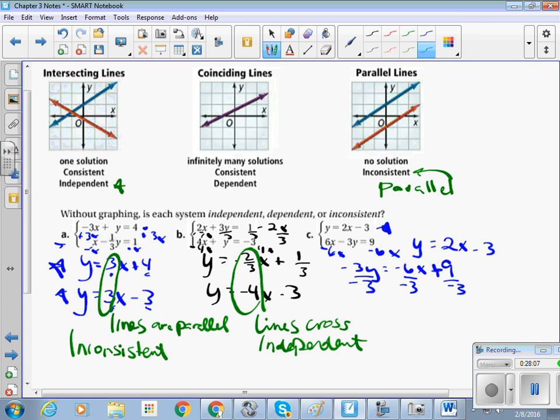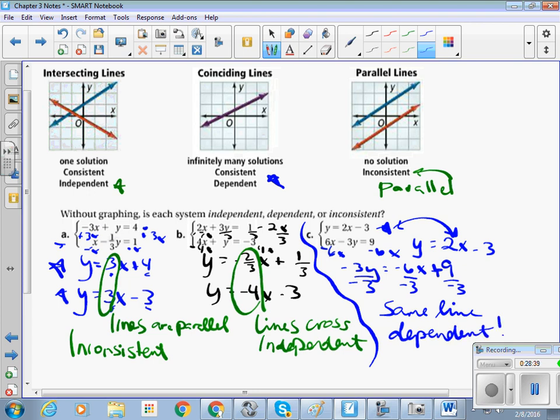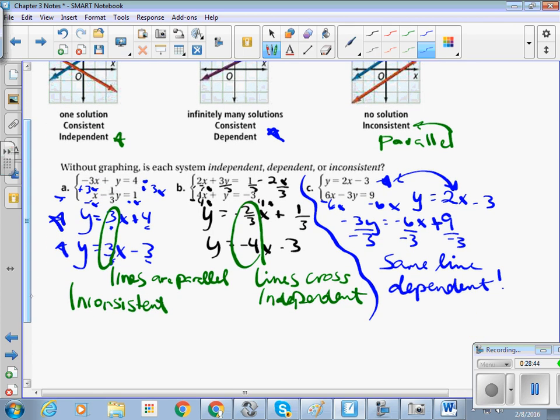So you compare the two equations, they are the same equation: y equals 2x minus 3. That is the situation here. There are infinitely many solutions. And they're the same line, so we are dependent. And that's how you tell one solution, infinitely many solutions, or no solutions.